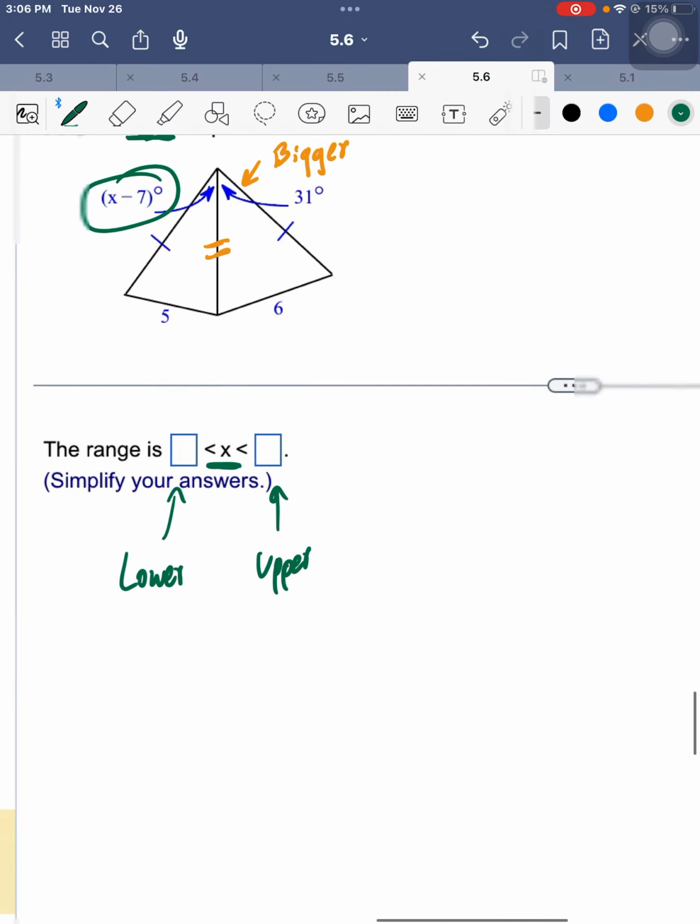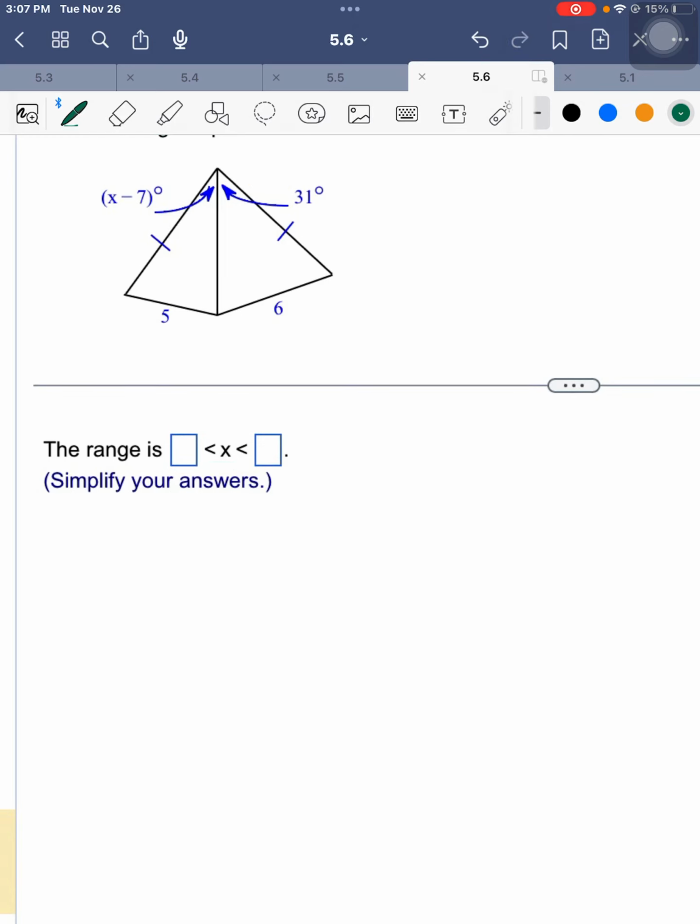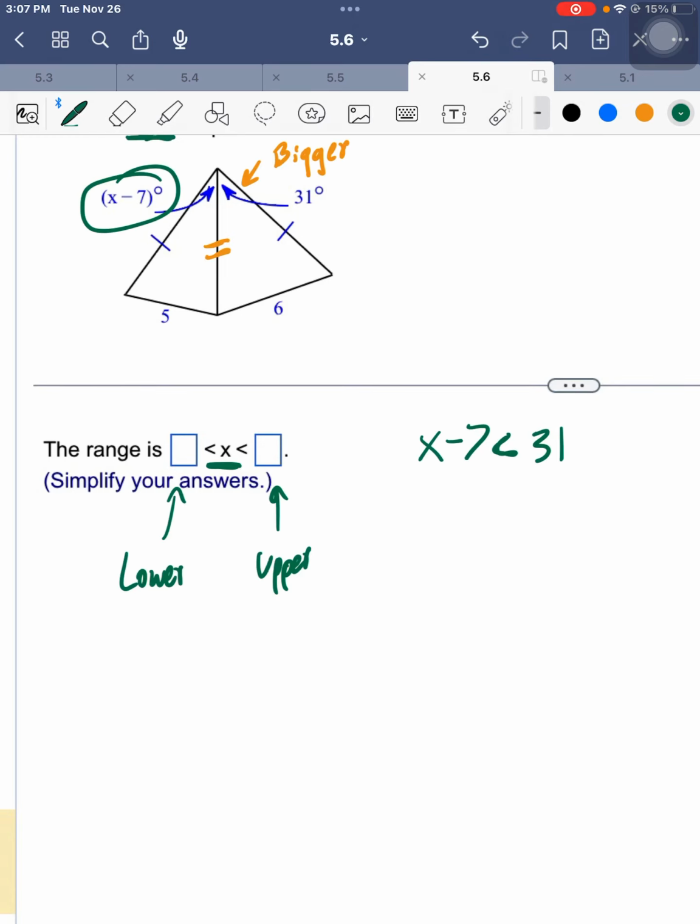So if this angle cannot be any greater than 31, I have to say that x minus 7 is less than 31. So plus 7, my x has to be less than 38.